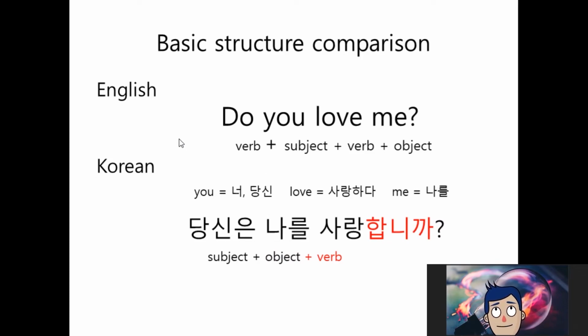Okay, this is a form of question sentence, right? So in English, do you love me? So helping verb is in front, right? And everything is the same. Subject, verb, object. But actually, in case of be verb, in that case, verb, subject, and kind of modifier like that, right? However, in the Korean language, the sentence structure is the same. So subject, object, verb, it is same.